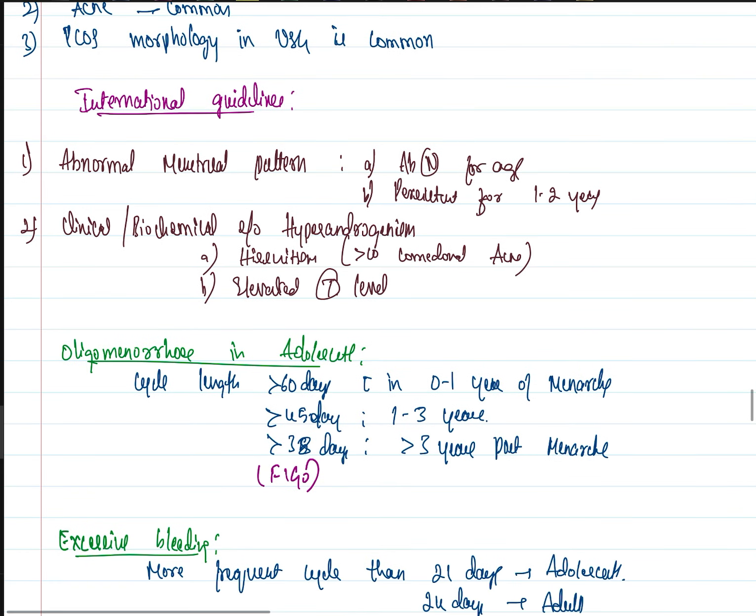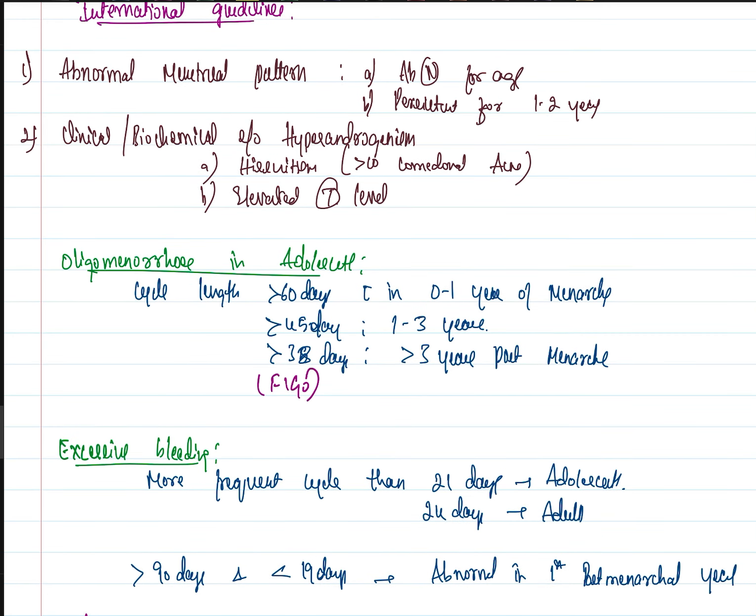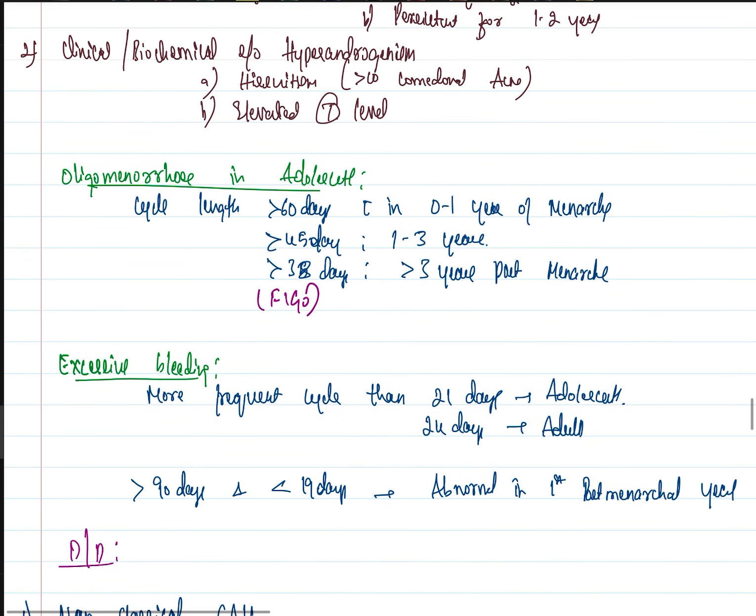So abnormal menstrual pattern is what? Let's see now. So oligomenorrhea in adolescents: anytime cycle length is more than 60 days within the first 1 year of menarche, or more than 45 days after 1 to 3 years, more than 38 days, more than 3 years post menarche.